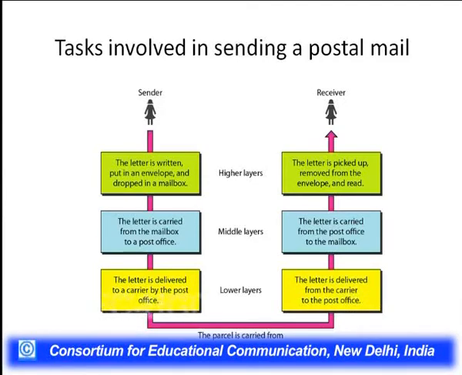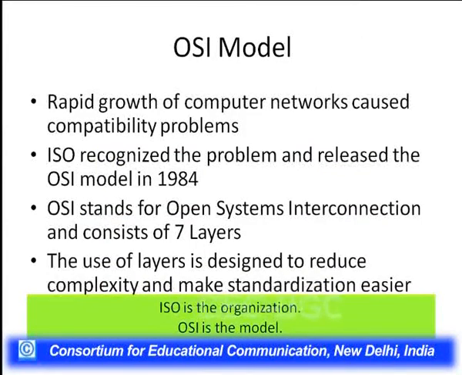First, the letter is delivered from the carrier to the post office. Then it is carried from the post office to the mailbox, and then the letter is picked up, removed from the envelope and read. So we can see that the steps for sending a letter from the sender to the receiver are followed in a layered manner.